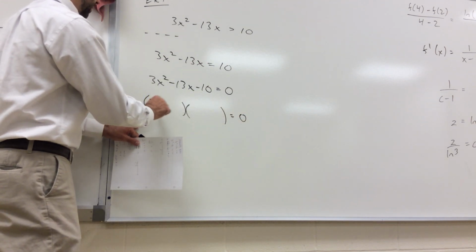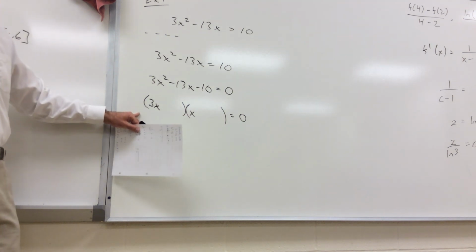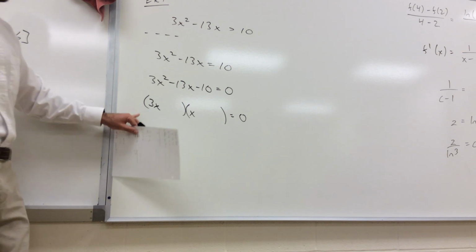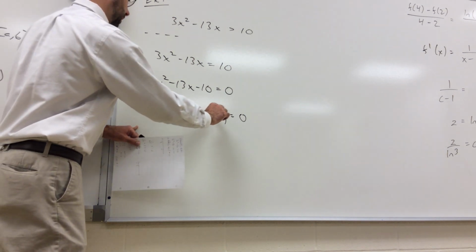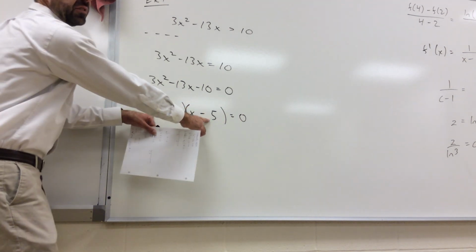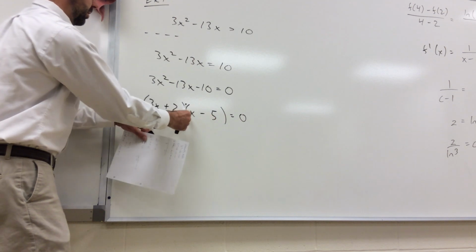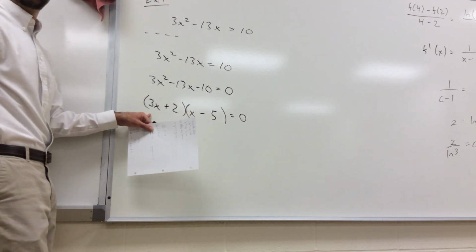So you put a 3x here and an x here. And let's see, a 5 here and a 2 here. Because this is negative 15 and positive 2. So that comes out to negative 13.